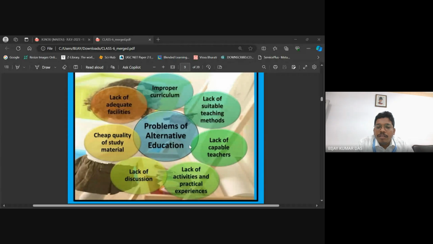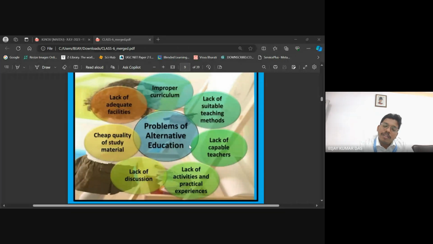If the curriculum is improper, those who are blind, physically challenged, or somebody else cannot read and write, so there should be any other facility that in another form she can read it, with the help of braille. In braille, writing should be there. Another problem is lack of suitable teaching methods.